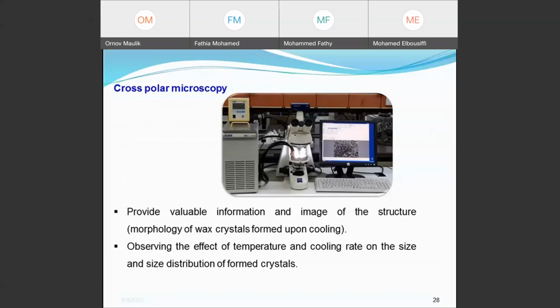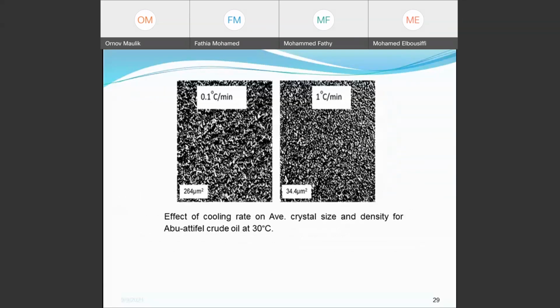Cross-polar microscopy provides valuable information and images of the structure and morphology of wax crystals formed upon cooling, observing the effect of temperature and cooling rates on the size and size distribution of formed crystals. This image shows the effect of cooling rate on average crystal size and density for ABU at 30 Celsius.